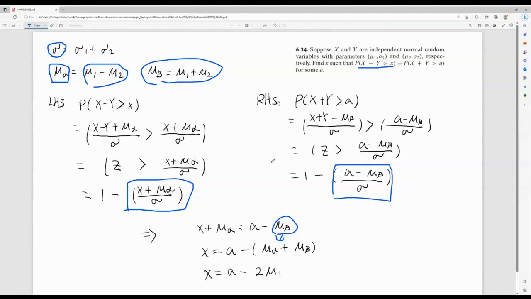Yes, for both cases, x plus y or x subtract y, or y plus x, y subtract x. We always use the same sigma. The sign doesn't change anything. The sign only changes the mu.